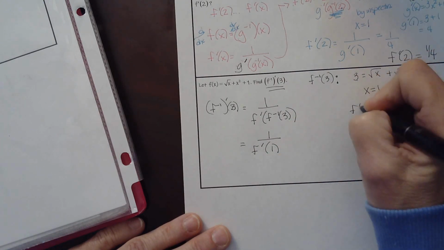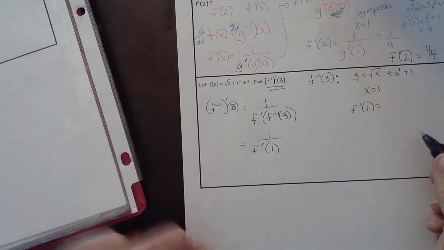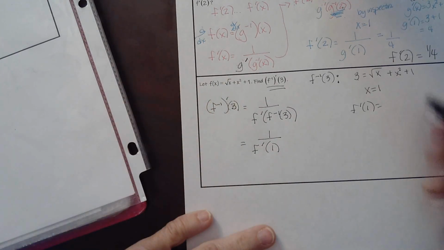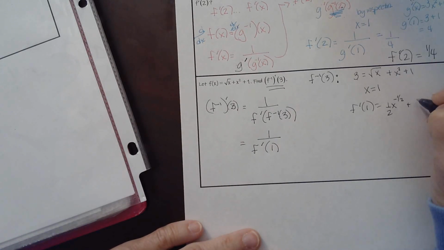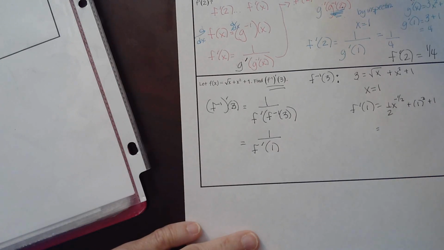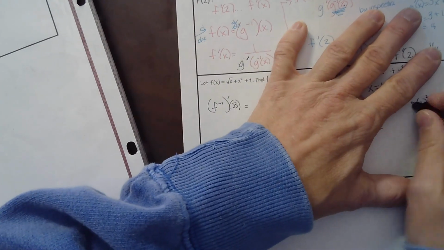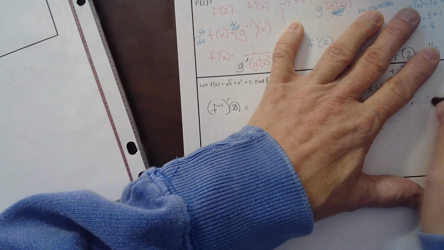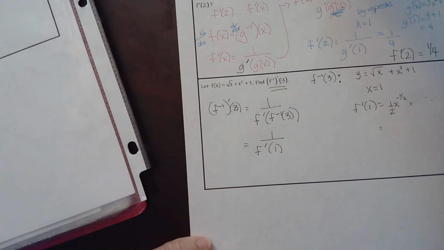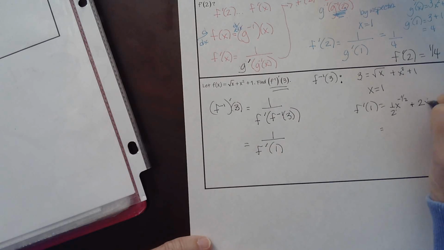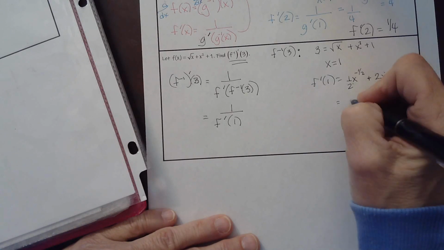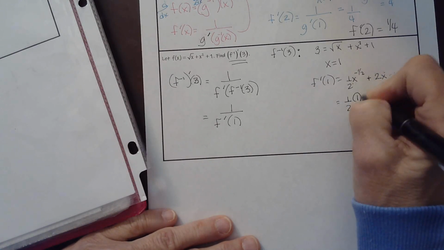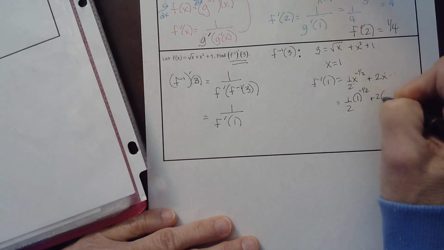So f prime of 1, my derivative of f, will be 1/2 x to the negative 1/2 plus 2x plus 0. Oh, I jumped the gun there a little bit, sorry. That's the derivative of the first term plus the derivative of the second term plus the derivative of the third, which is 0. Now I will substitute 1/2 times 1 to the negative 1/2 plus 2 times 1.